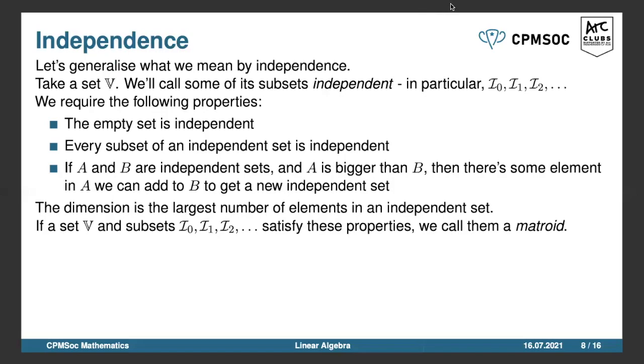There's a lot of nice examples of matroids that aren't vector spaces. One example you might want to think about after the workshop is if you have a graph with some edges.